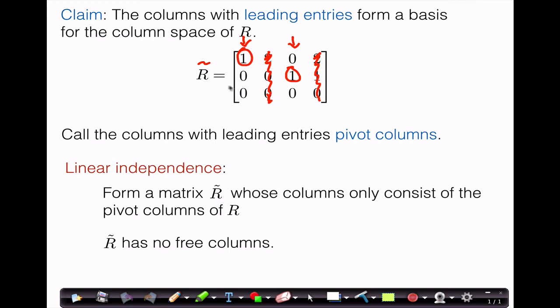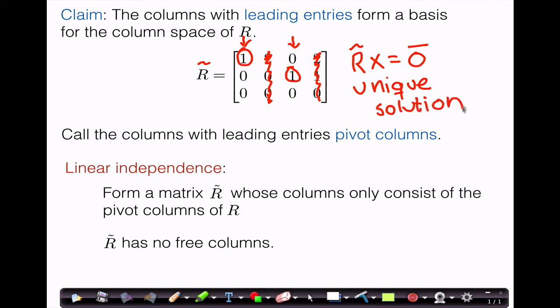So therefore, since R tilde has no free columns, if we look at the equation, R tilde times x is equal to the all zero vector, this equation will have a unique solution because R tilde has no free columns. Okay, so the only solution to this equation will be when x is the all zero vector, right? The trivial solution.